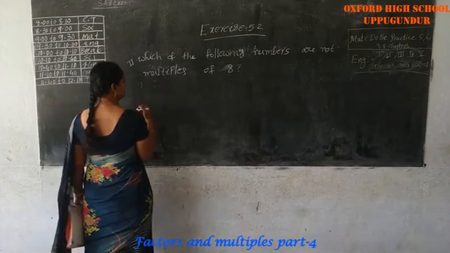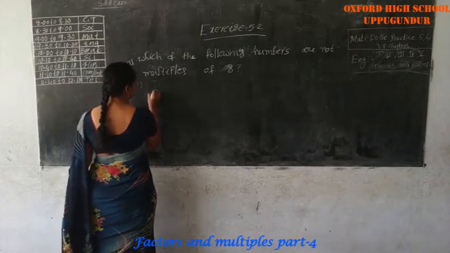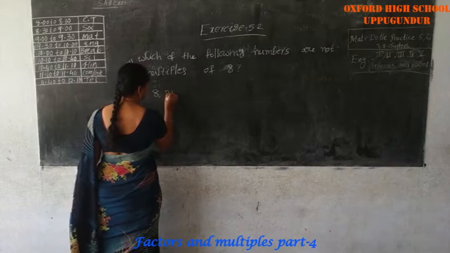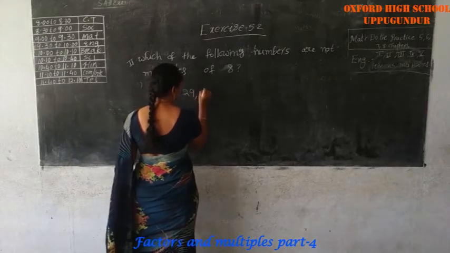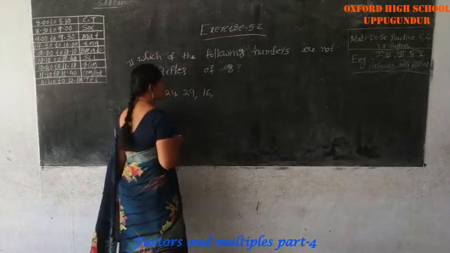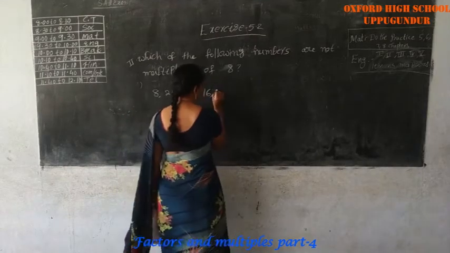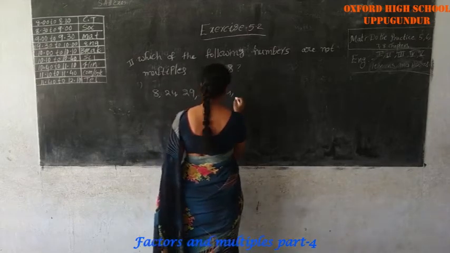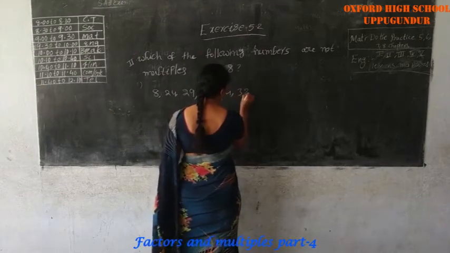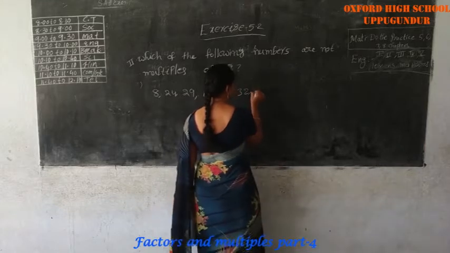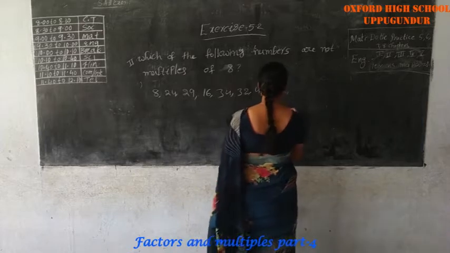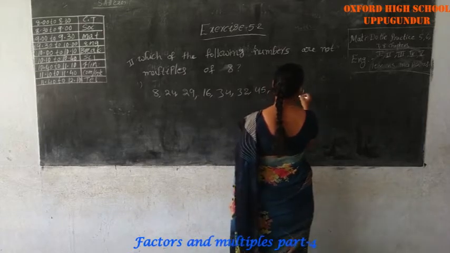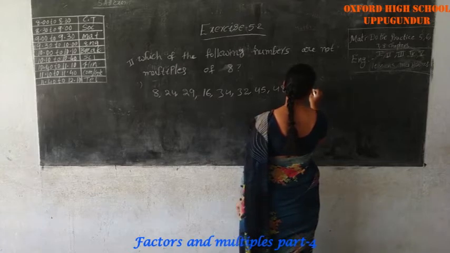See, we will take some values: 8, 24, 29, 16, 34, 32, 45, 48, 64.